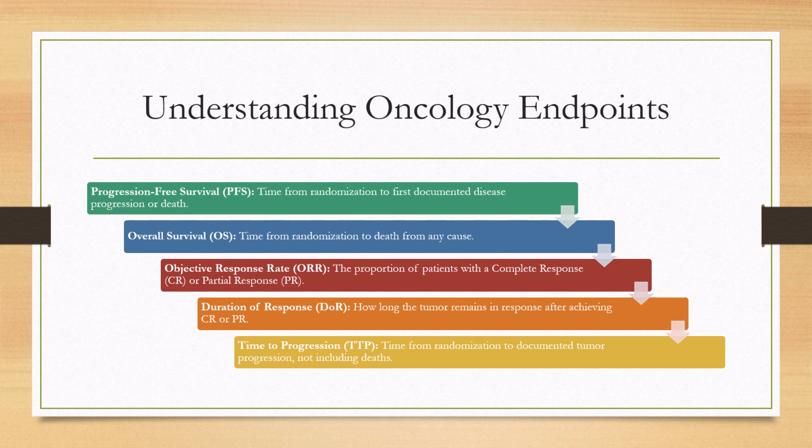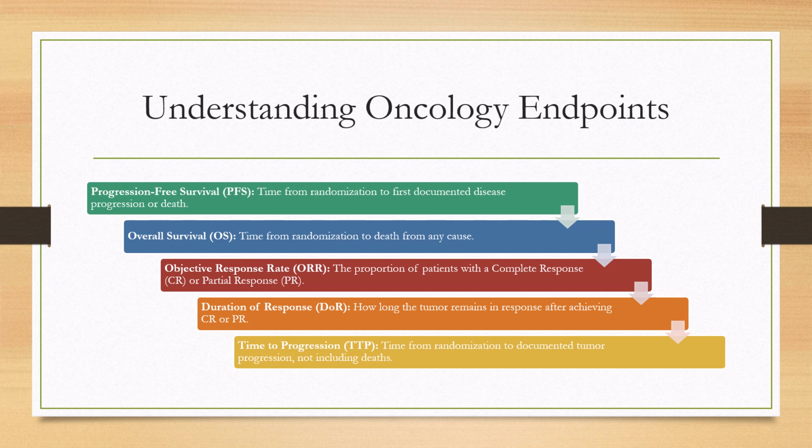In this scenario, if we want to calculate the objective response rate, we have to add the number of patients with CR and PR. That will be 20 patients of CR and 30 patients of PR, in total 50. Then divide the total number of patients with CR and PR by the total number of patients, which is 100. So in this case, the ORR will be 50%.